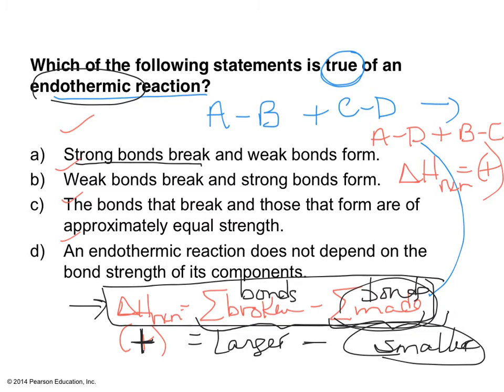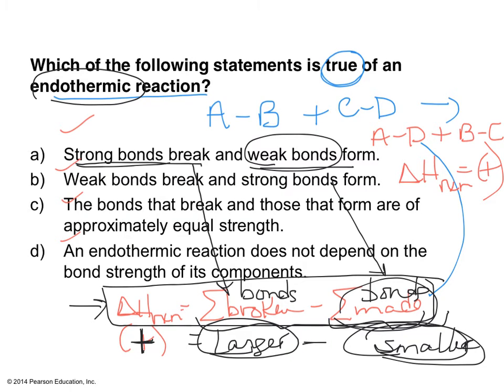Strong bonds break, okay, and weak bonds form. Does that fit in? If you have strong bonds, you're going to have a large value for the broken part. If you have weak bonds formed, that means you've got a smaller value. That fits. Yep. So B is the opposite of that. We know that's not true. Let's see if there's more than one answer.